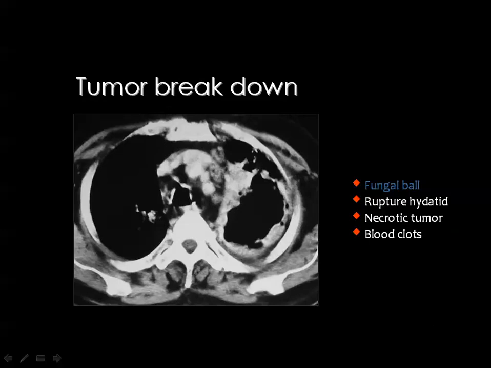So if you look carefully at this cavity, and you see that it has a thick margin with an irregular inner wall, then you think of malignancy, and that diagnosis will not change if there is a ball inside the cavity, because this ball can be easily explained on the basis of shreds of the tumor before being expectorated.